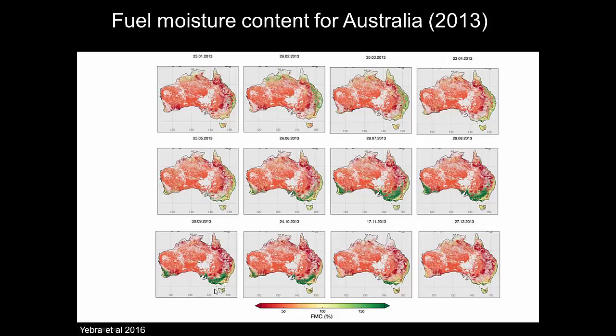Afterwards, the fuel moisture content started to decrease until the end of summer, when the values were again the lowest.